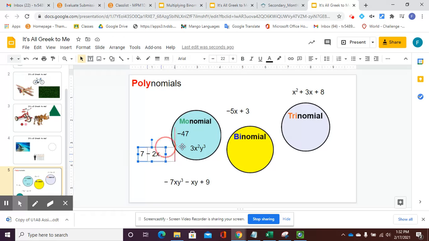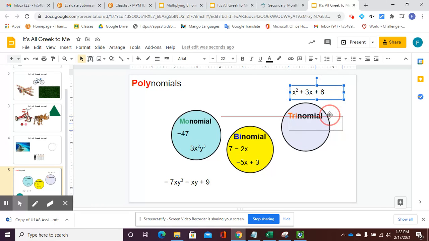7 take away 2x is an example of a binomial. I've got 2 terms. I've got 7 and I've got negative 2x. The sign in front of the term goes with the term. So we'll talk about that a little bit more in a second. Here's another binomial, negative 5x plus 3. So my 2 terms are negative 5x and positive 3. And then finally, we've got trinomials. So these are polynomials that have 3 terms.